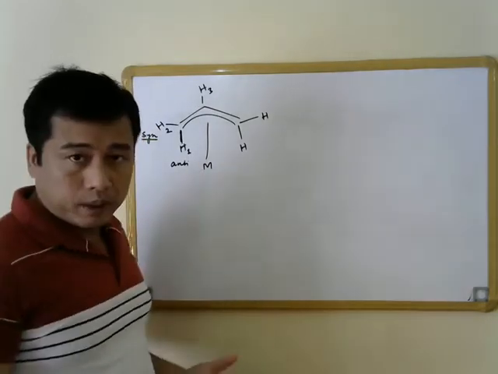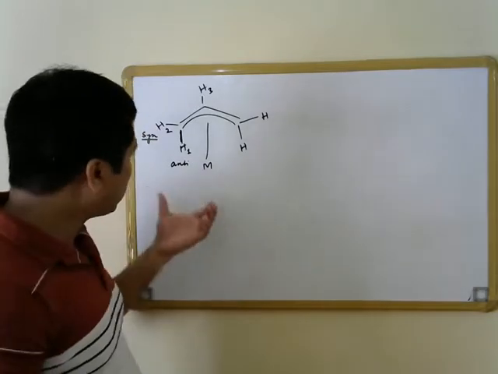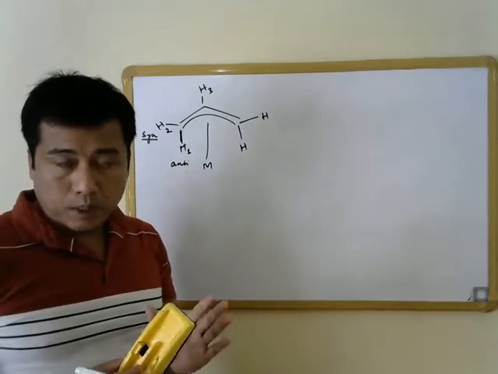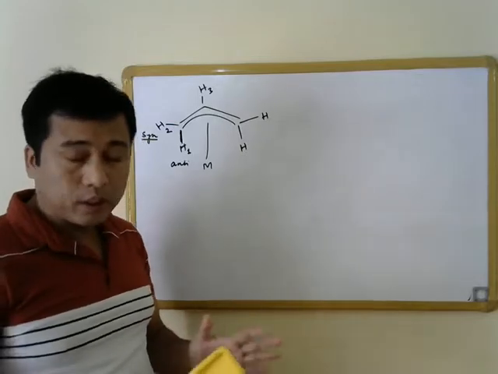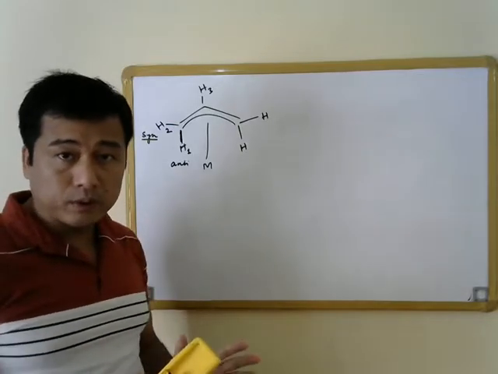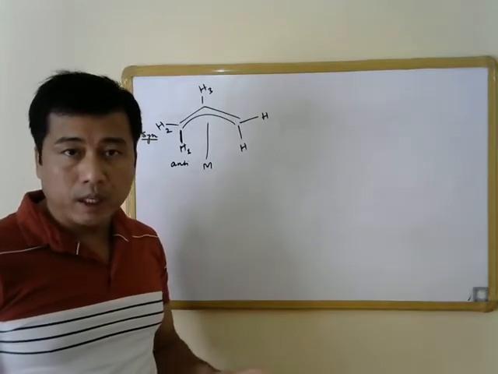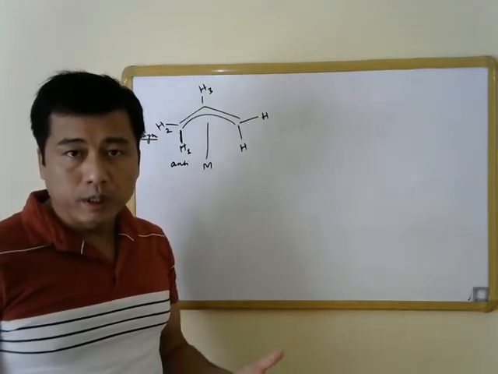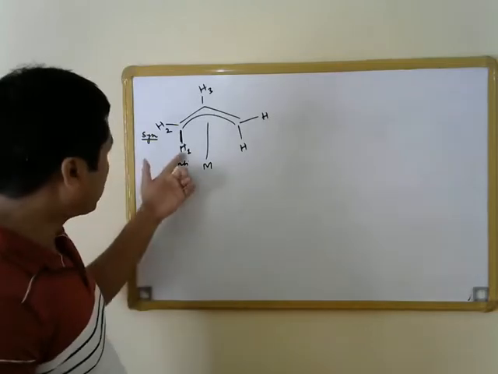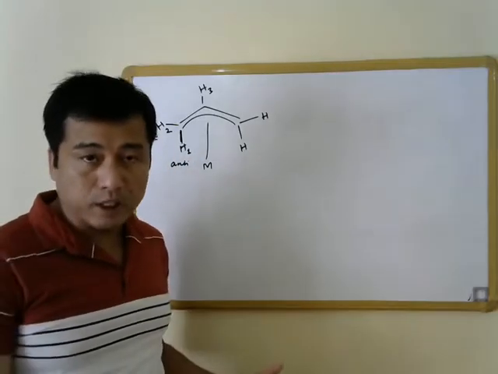Now, in some of these metal allyl complexes, we do see that the terminal hydrogen atoms, the syn hydrogen atom and the anti hydrogen atom, are non-equivalent in the proton NMR spectra, and each appears as a different signal.